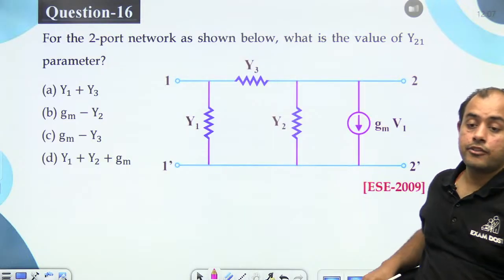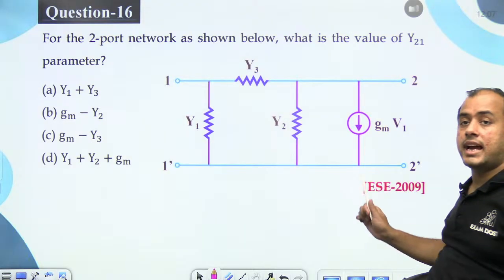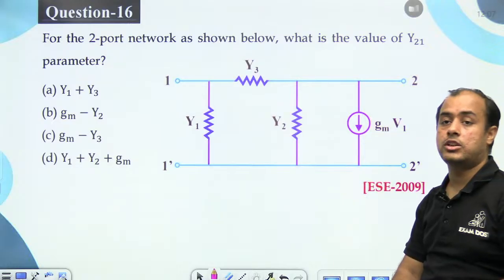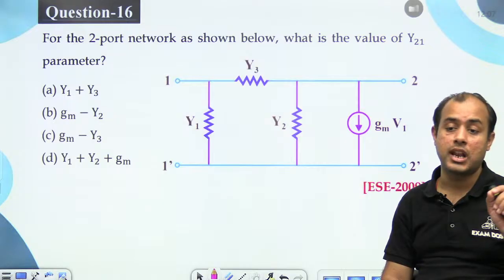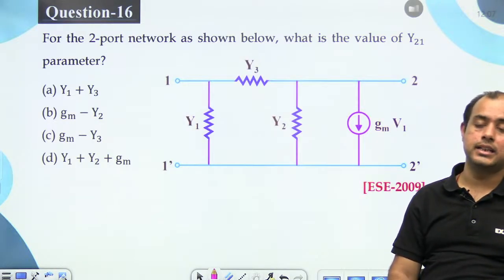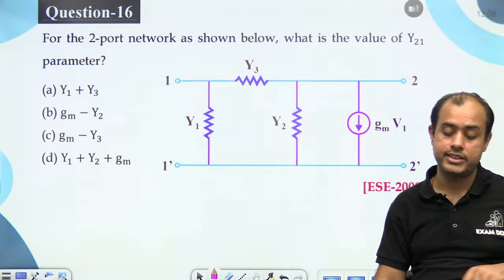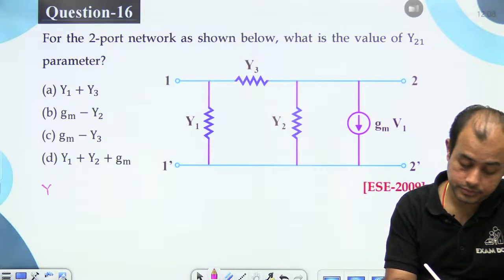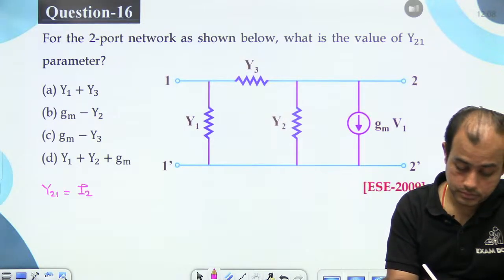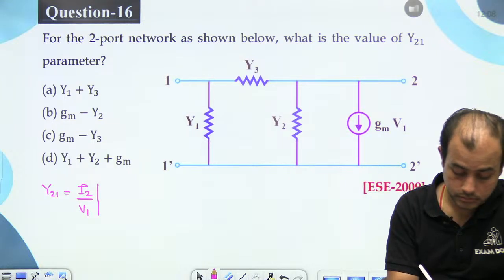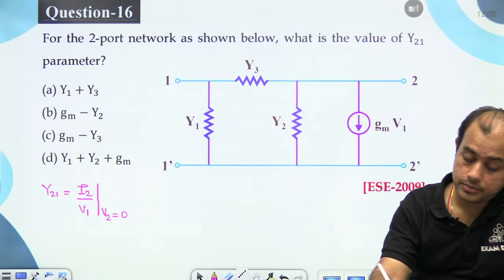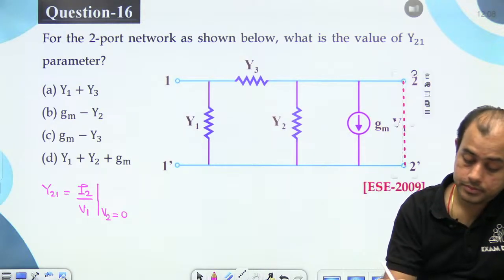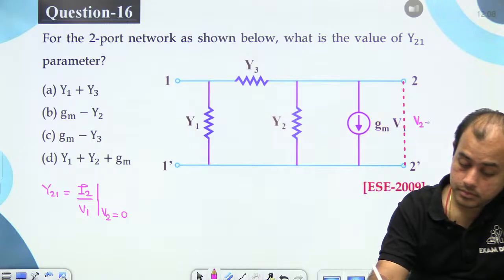Let's go next. For the two-port network, ESE 2009, what is the value of Y21? When one parameter is asked, always use the formula for that one parameter. Y21 is I2 by V1 when V2 is 0. So this is a short circuit.